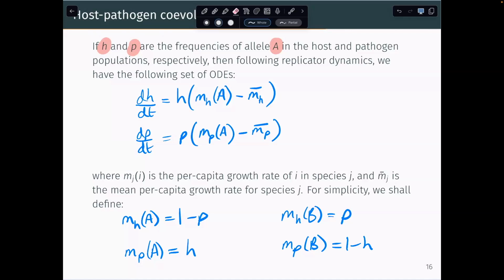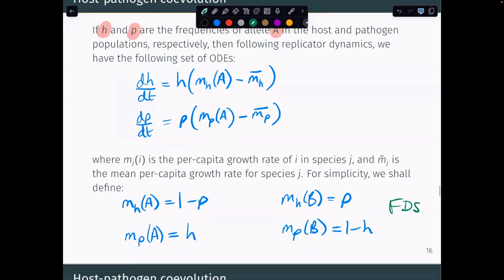So yeah, this is frequency dependent selection, but now rather than it being the frequency of your own allele, or your frequency of alleles in your own population, it depends on the frequency in the others. So it's actually indirect frequency dependent selection. In a sense, because of the feedback that occurs between them, as alleles change in the other population, that affects alleles in your current population, which feeds back and affects alleles in the other population. So you end up with this cycle going here, this loop.